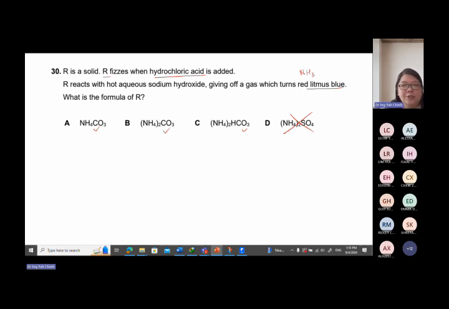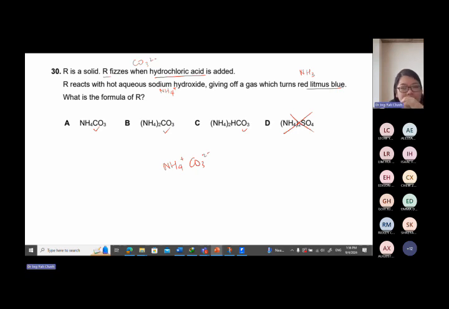Ammonia turns red litmus blue. And then what can react with sodium hydroxide to give out ammonia? It must be an ammonium compound. So just now you found that this is carbonate. Now you found here ammonium. So the compound is ammonium carbonate.